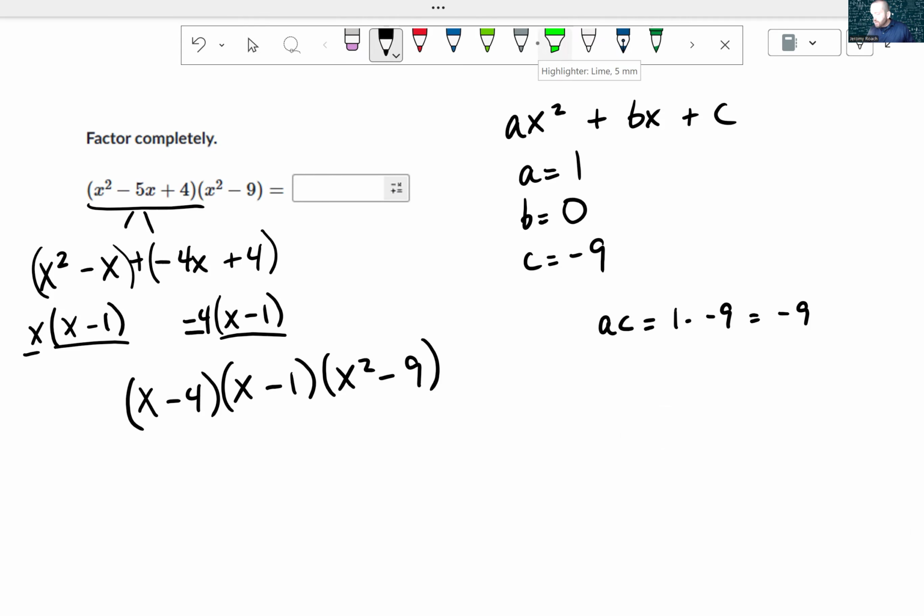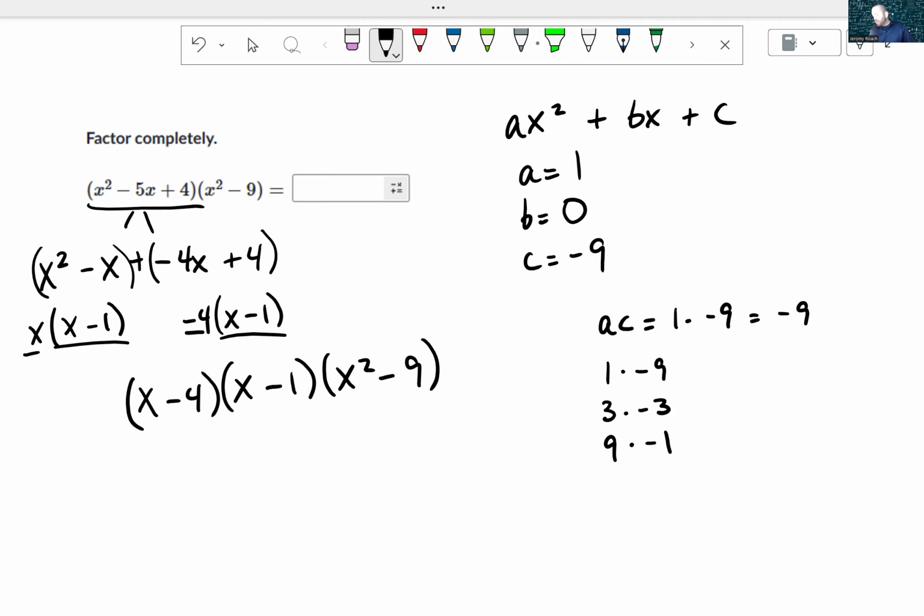All the ways to multiply to get -9: 1 times -9, 3 times -3, and, I like to write all the negatives on one side and all the positives on another, so we'll do 9 times -1 like that. And that's all the ways to get -9 with multiplication.